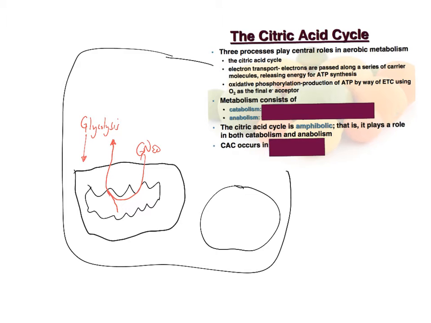Where does the citric acid cycle occur? I'll put it in a different color. Where does the citric acid cycle occur? What did you say about the mitochondrial matrix? In the inner portion of the mitochondria. So where does it occur? It's inside the mitochondria.